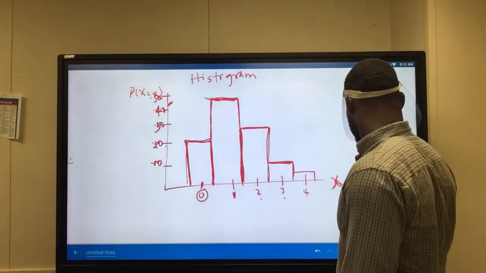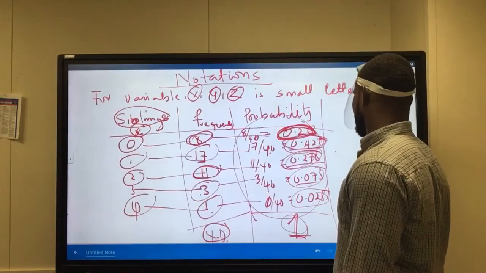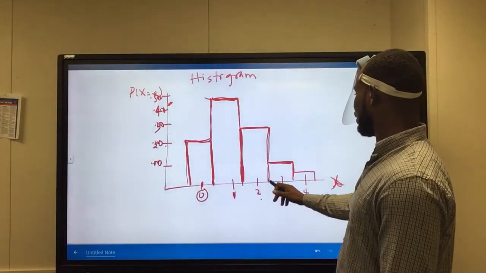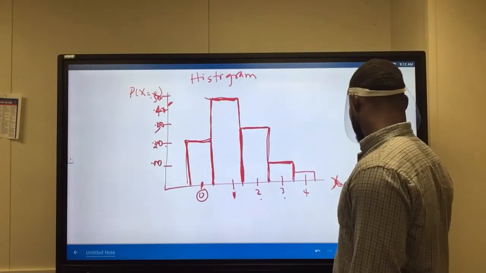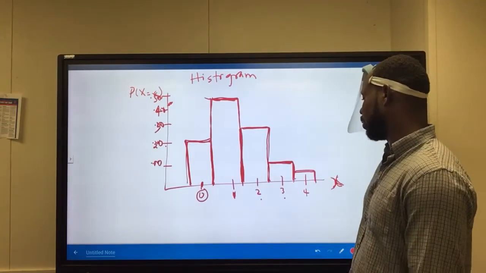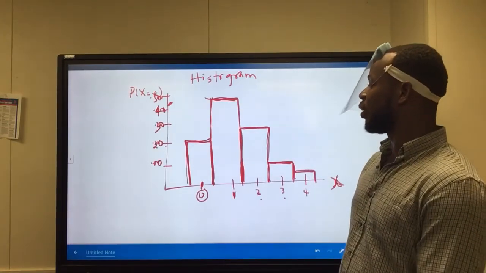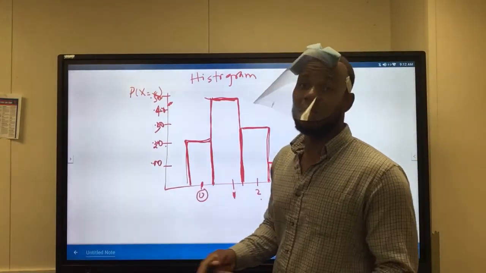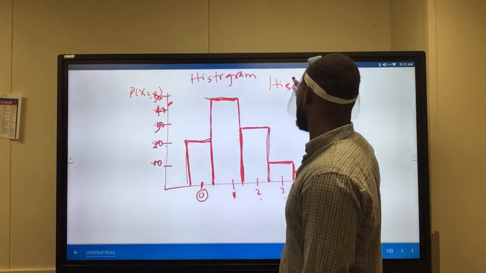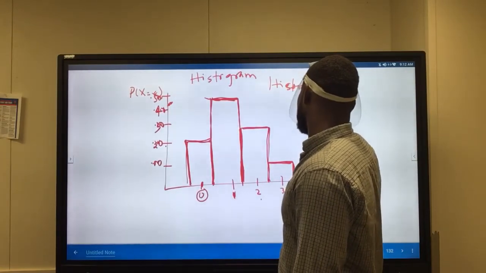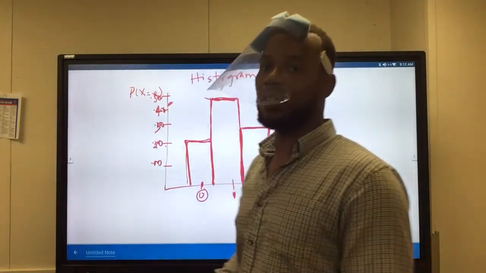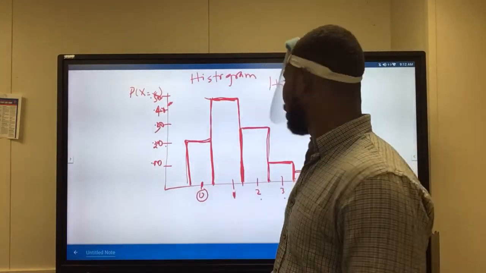Then we have 0.075, and the last is 0.025, which is somewhere small over here. So when you're drawing the histogram, you can even go online and check how to draw them with the probability. If you don't get what we are looking at, then look at expected value and probability distributions.